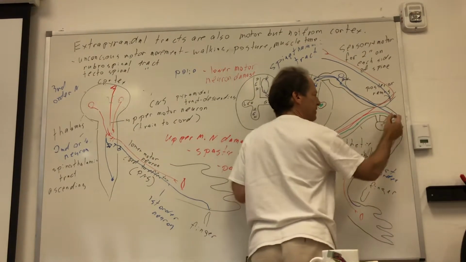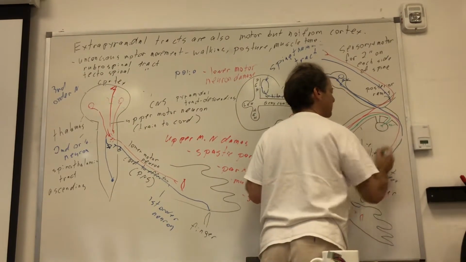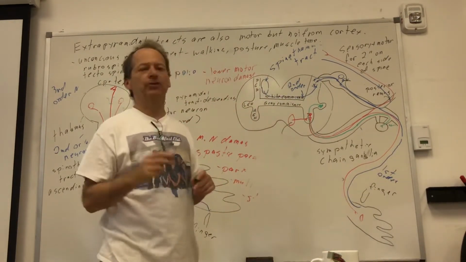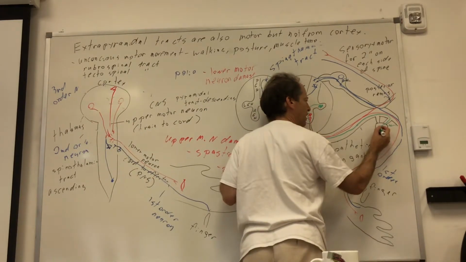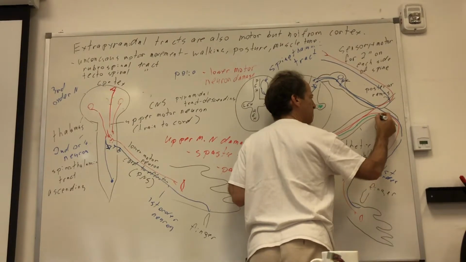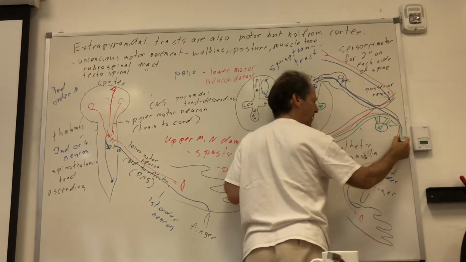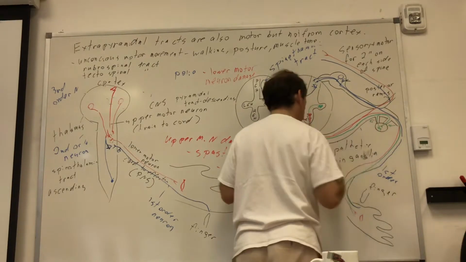And this little branch over here, I'm going to put a W there because it is the white rami communicans, which I'll write in a moment. And then we have a synapse, and the postganglionic one goes back to the spinal nerve and goes to the effector by the gray rami communicans.